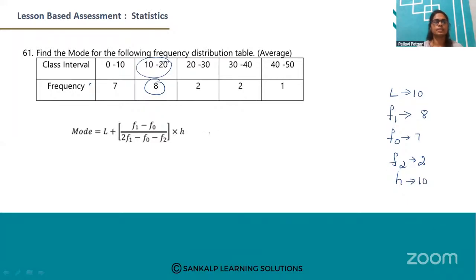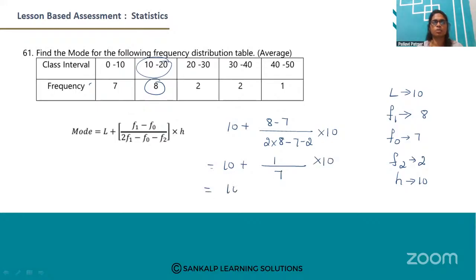Here L is 10 plus (8 minus 7) divided by (2 into 8 minus 7 minus 2) into 10. So 10 plus 8 minus 7 is 1, divided by 16 minus 9 is 7, into 10.